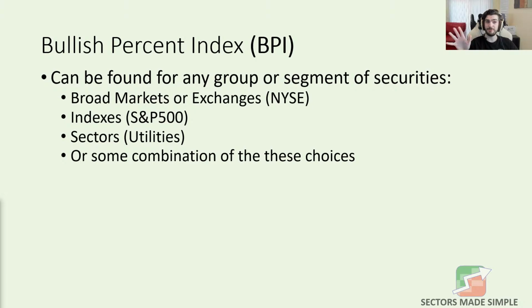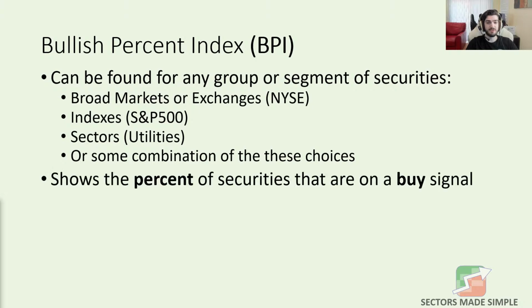BPI never changes what it means. What it means is it's a percentage. BPI does not give us a price, it gives us a percent between 0 and 100. That percent is the percentage of companies of that group that are on a buy signal.